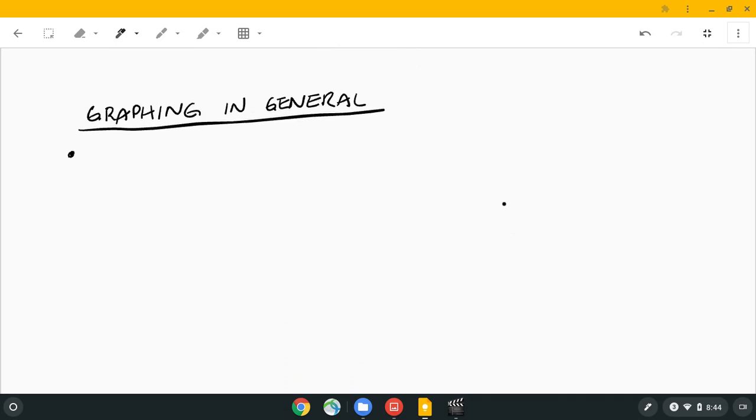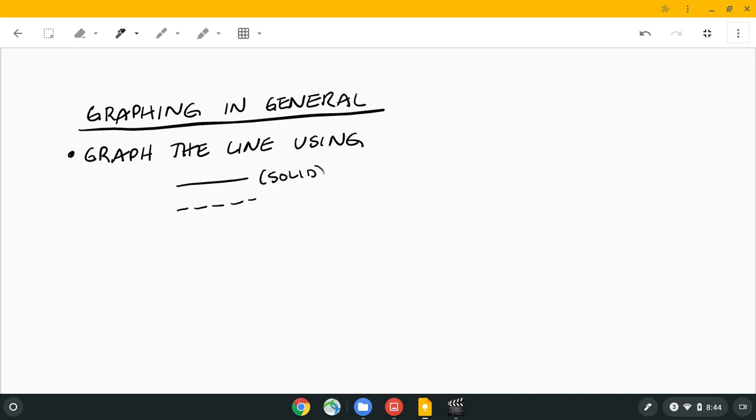So you're going to graph the line as usual, and you're going to use one of these. You'll graph a solid line or a dashed line. The solid line you'll use if you have the less than or equal or the greater than or equal symbol.